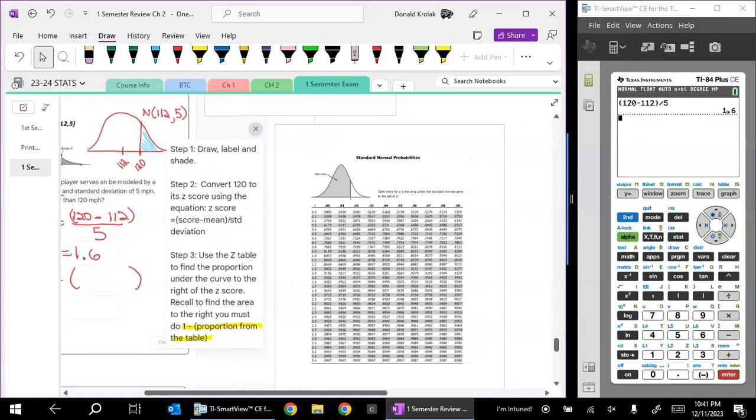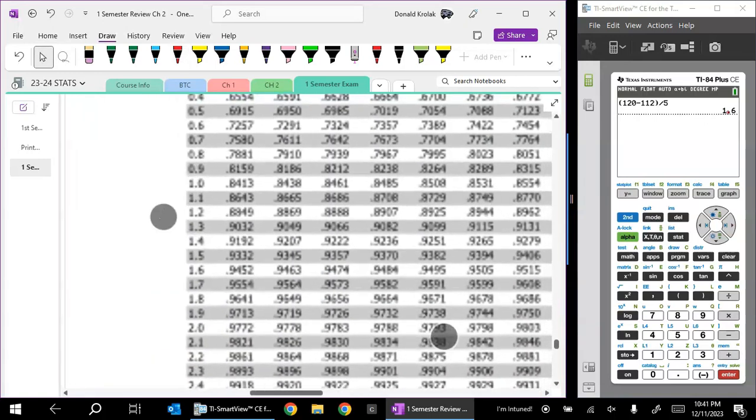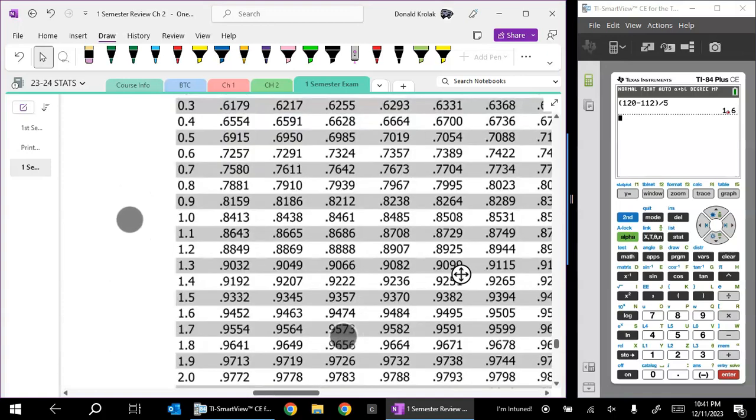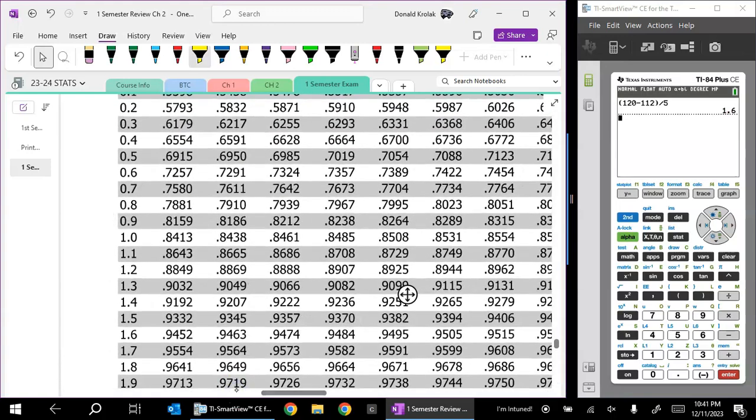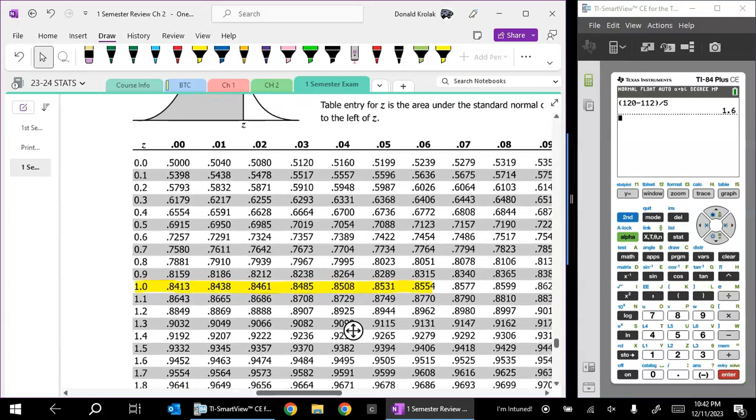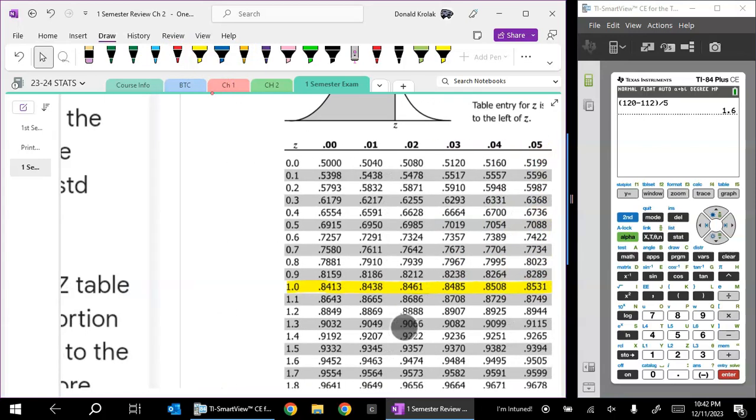All right, so 1.6, I'm going to go to 1.0, and then I'm going to go over to the column 0.06. So my proportion is 0.8554.